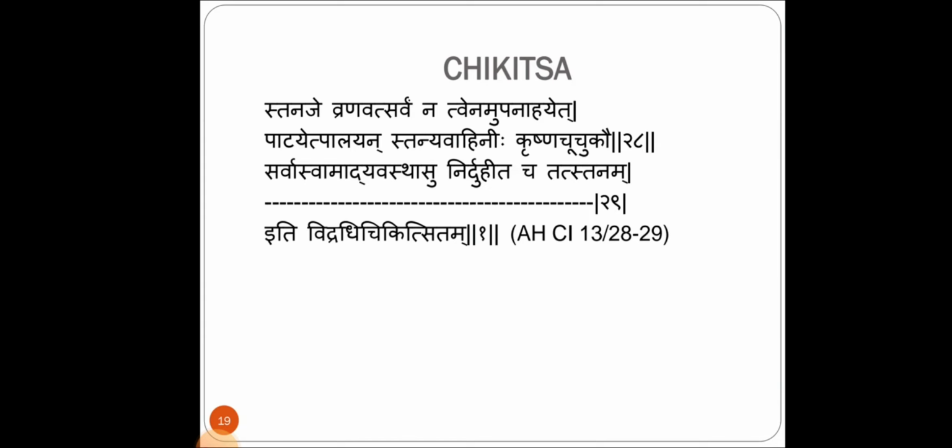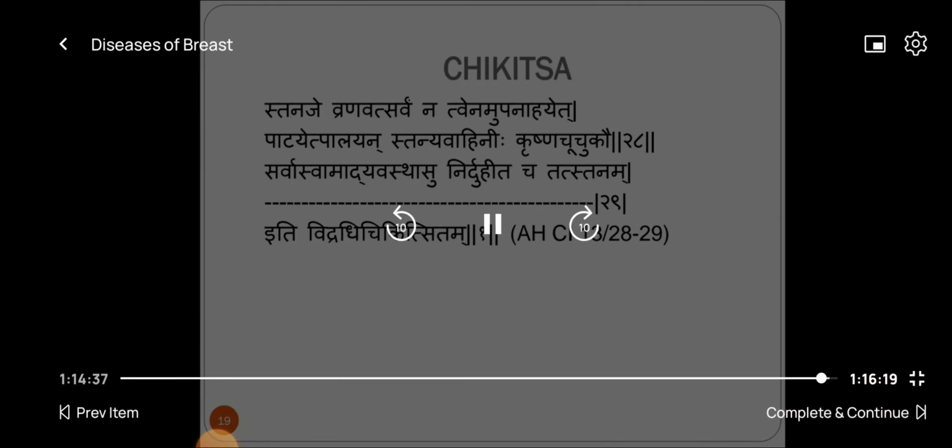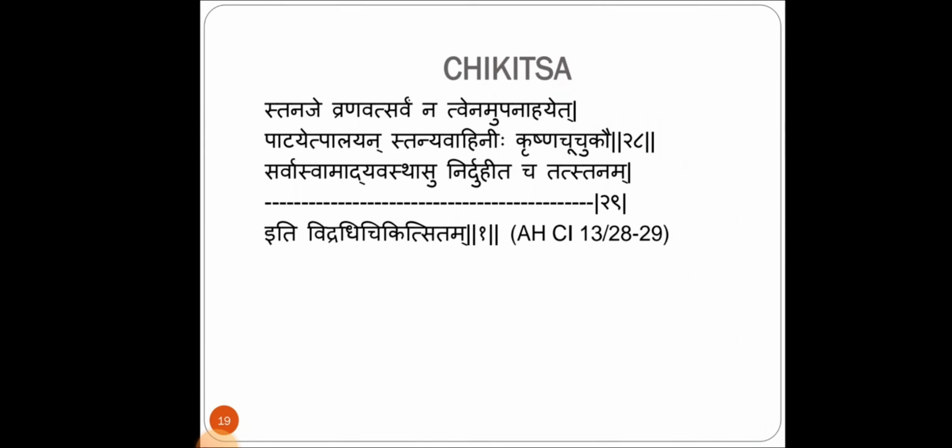So there is a chance that milk production is happening, and there is a chance that there will be stagnation of milk in the affected breast. So for that, it is told that constantly the stagnant milk needs to be expressed out. That is about the Stanaroga and its Chikitsa.